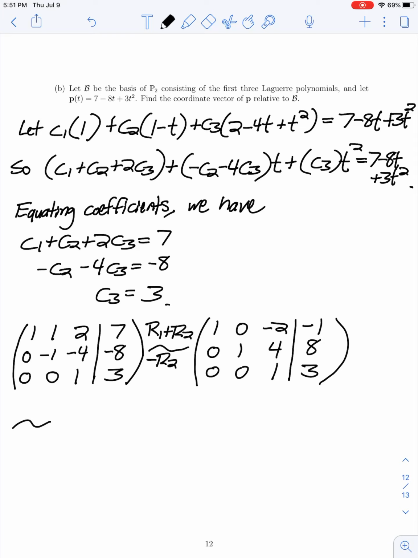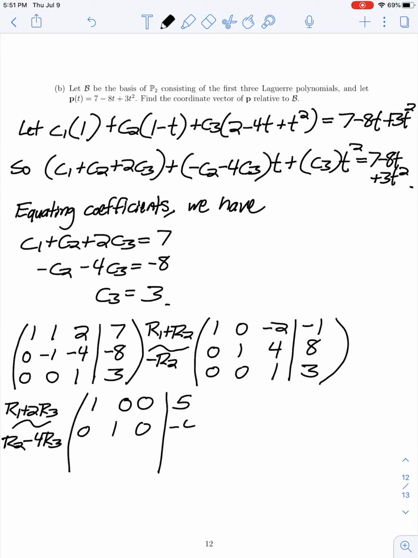So now I could use my third row to simplify my first two rows by taking row 1 plus twice row 3, or row 2 minus 4 times row 3. So my first row becomes 1, 0, 0, 5. Second row is 0, 1, 0, negative 4. And my last row is 0, 0, 1, 3.